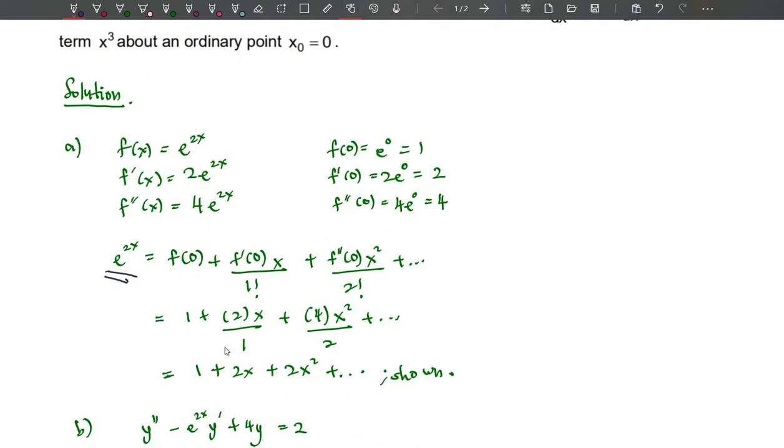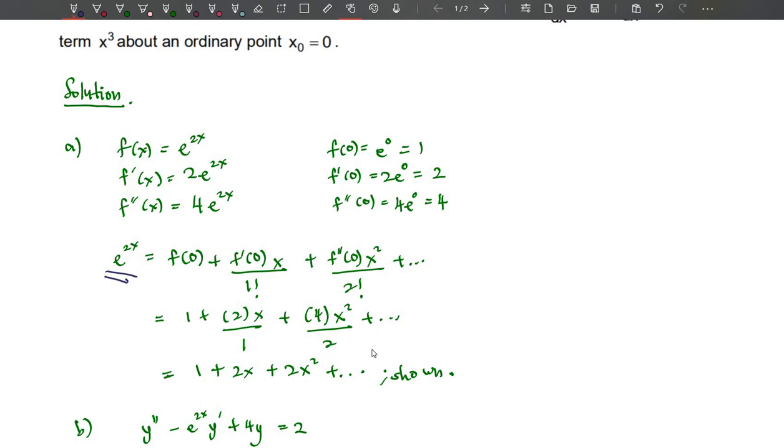Right now, just substitute the values that we obtained earlier. f(0) is equal to 1 plus 2, because f prime 0 equals 2, times x divided by 1 factorial, which is 1. f double prime 0 is 4, times x squared divided by 2 factorial, which is 2, plus until infinity.